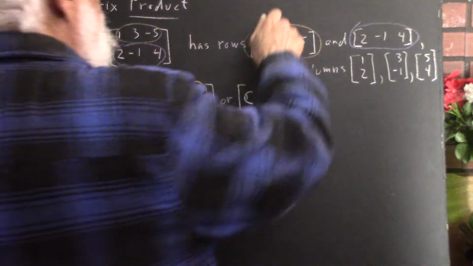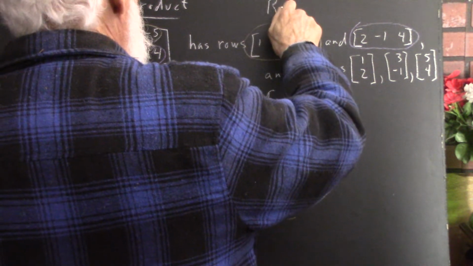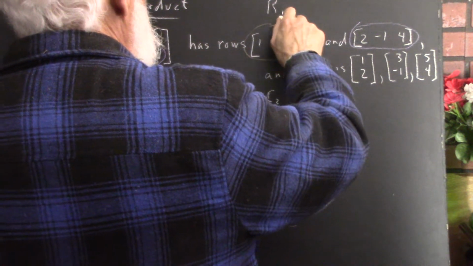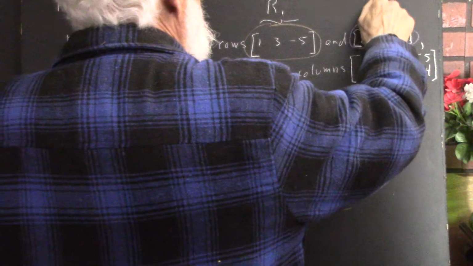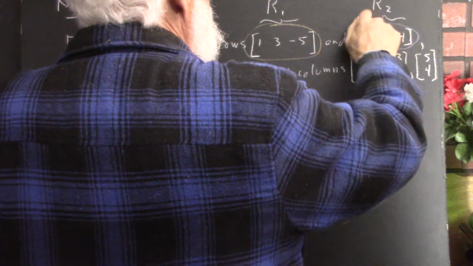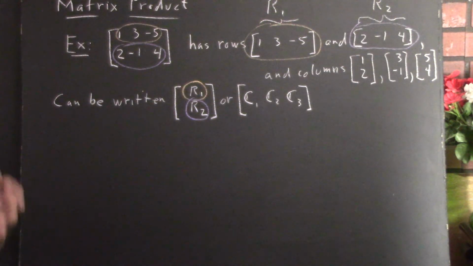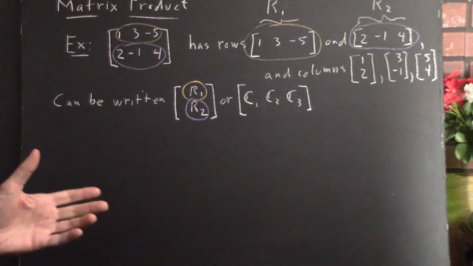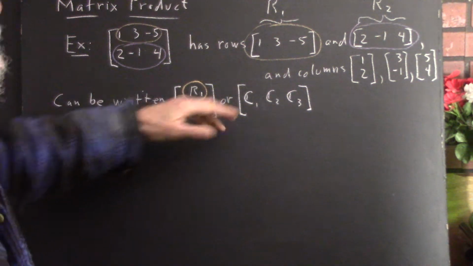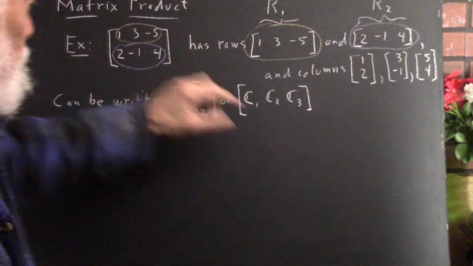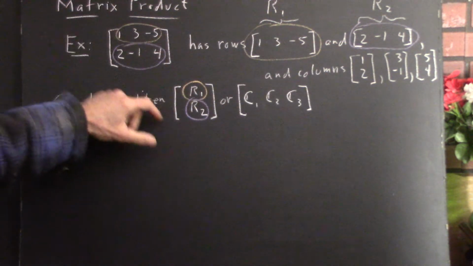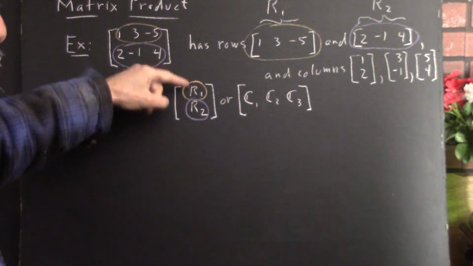So that this is R1 and this is R2. That should be pretty clear. If I write a matrix consisting of this row and this row, it's going to look like this, and it can be represented as R1, R2.